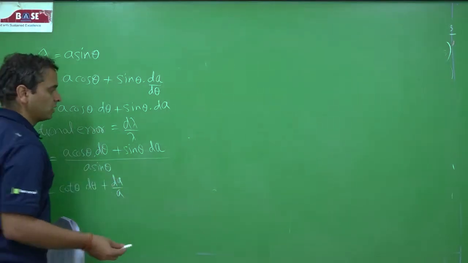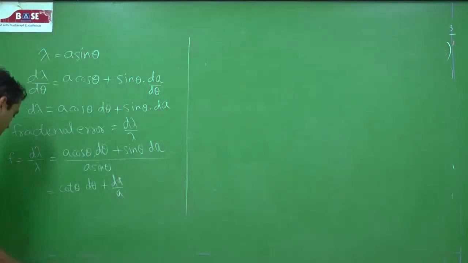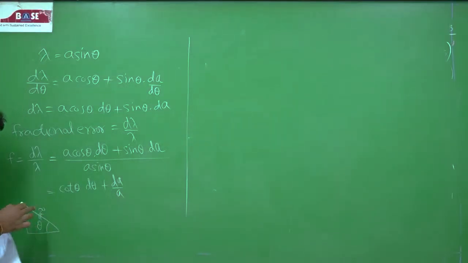I'll use the triangle method. So maybe I could draw the triangle here. If this angle is theta, which is 2 degree, then sine 2 degree they have given as 0.035. So the opposite side is 0.035, the hypotenuse will be 1 unit, and then the adjacent side will be root of 1 minus 0.035 squared.